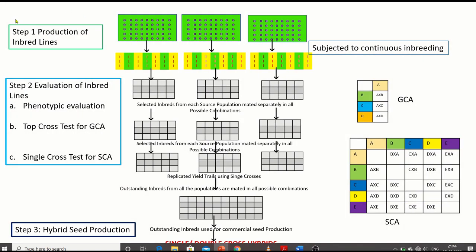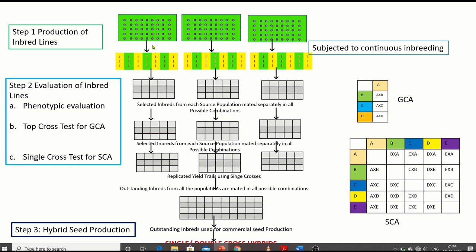So step one is production of inbred lines. From the base population we are going to subject the desirable lines to continuous selfing or inbreeding to produce inbred lines.